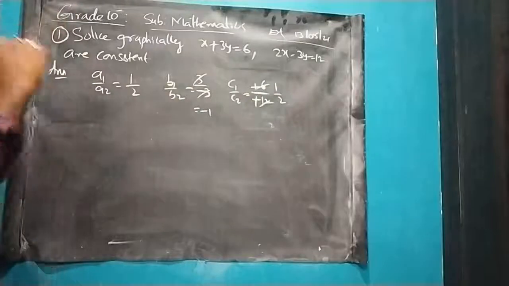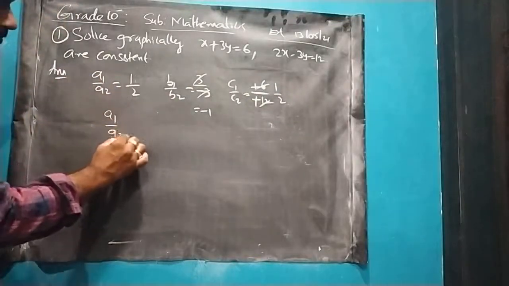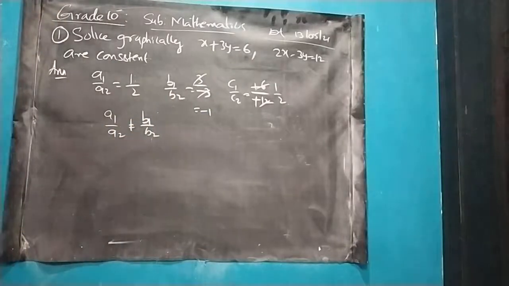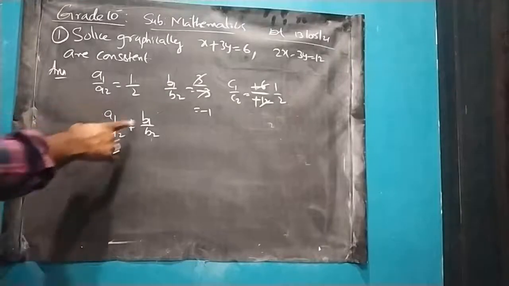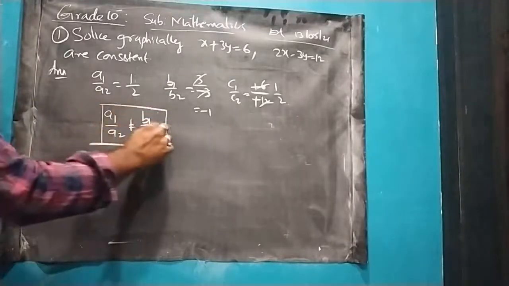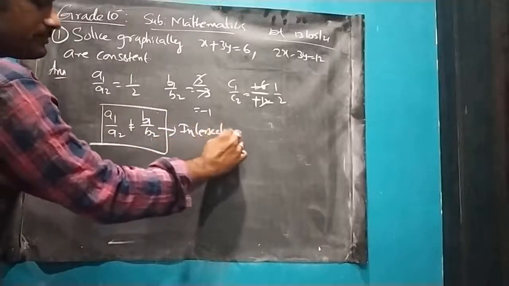First of all, we have to check whether A1 by A2 is not equal to B1 by B2. In this condition, A1 by A2 is not equal to B1 by B2, so we can say that our graph is intersecting lines.